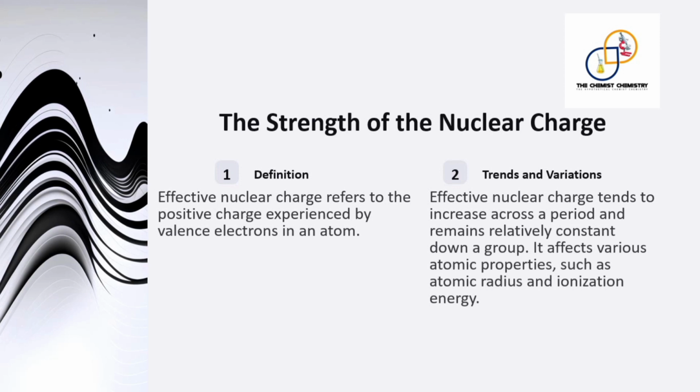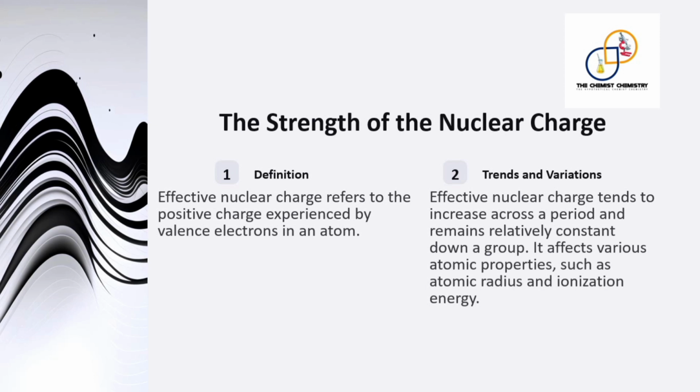We learned that the effective nuclear charge happens as a result of the fact that the protons, which are positively charged, are located within the nucleus of the atom, and electrons, which are negatively charged, are on the shells. And we learned that like charges repel and unlike charges attract.